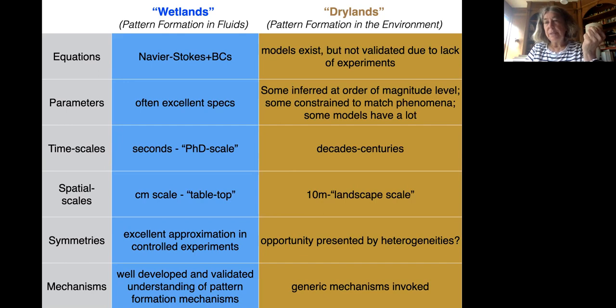Okay, so that's a challenge. Parameters: for these fluids, they have really good specs on all of that. They buy their fluids from a particular place. They know exactly what the viscosity is. There are tabletop experiments. Sometimes the timescales of these can be quite short versus really long ones.